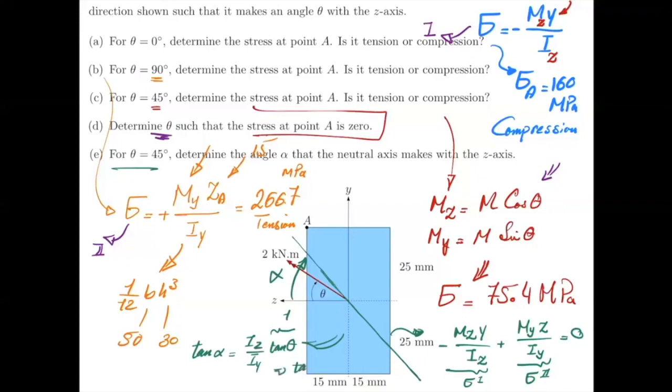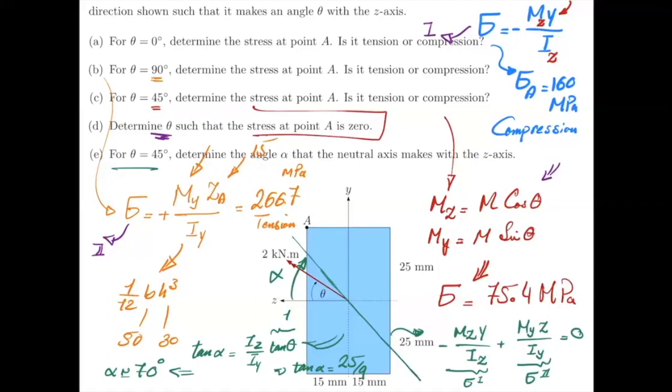So tangent alpha would be, in this case, 25 divided by 9, which tells you alpha is almost 70 degrees. Okay, so this is also the answer to the last part. Do you have any question? Is everything clear?